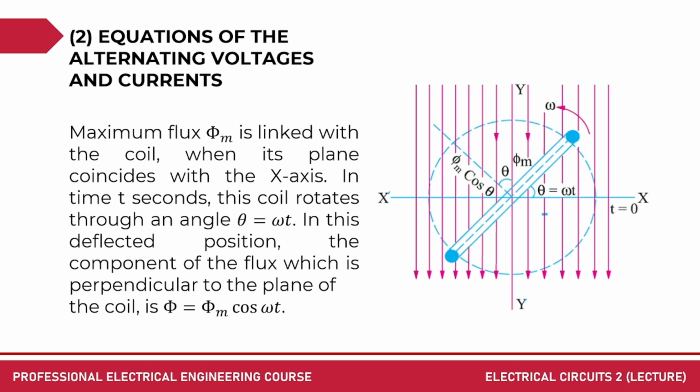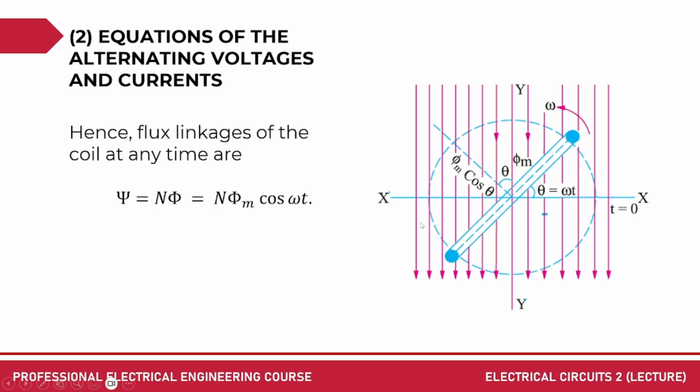Now, the maximum flux phi sub m is linked with the coil when its plane coincides with the x-axis. In time t seconds, this coil rotates through an angle theta equal to omega t. In this deflected position, the component of the flux which is perpendicular to the plane of the coil is phi sub m cosine of omega t.